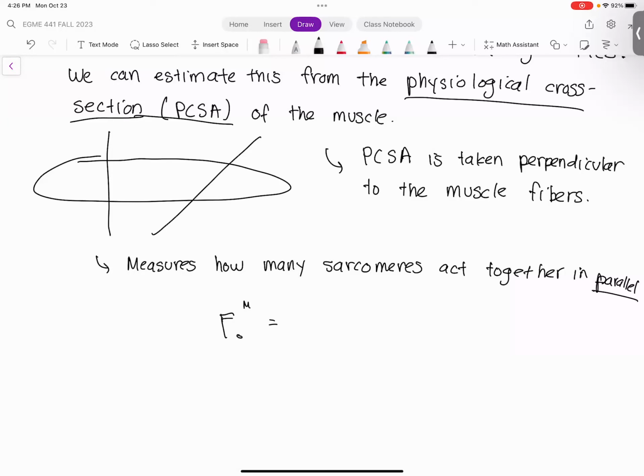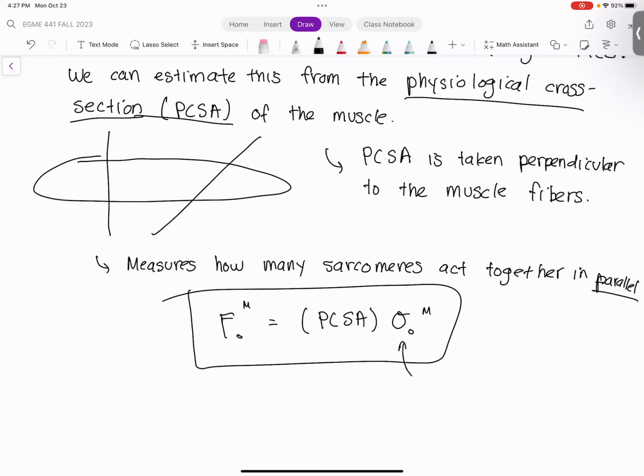I don't really want to call it a formula, just because it's not really based on physical laws, but we have this relationship. The maximum amount of force, the maximum isometric muscle force that a muscle can produce, is your PCSA, your physiological cross section, multiplied by this factor called sigma OM, the peak isometric stress that can be developed by a muscle fiber.